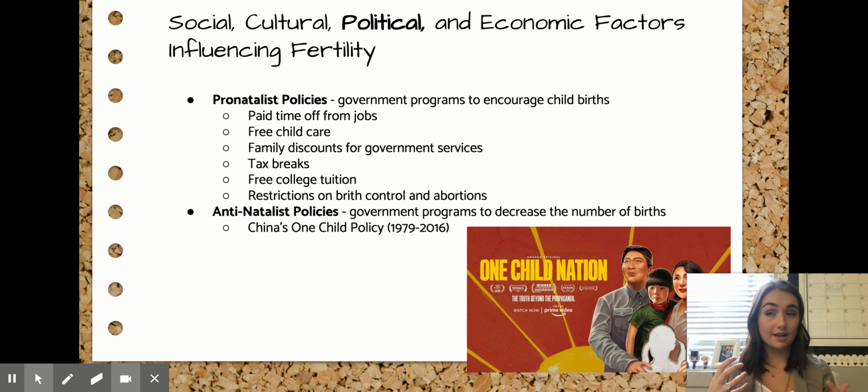And so, because of that, the ratio between males and females was becoming way off. People wanted male children and did not want female children, so they would give them away, maybe leave them on the street, abort them. This policy caused all sorts of problems, but that's an extreme example of an anti-natalist policy.